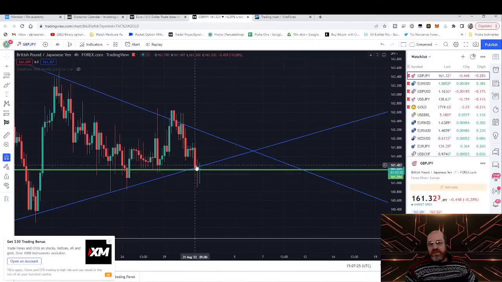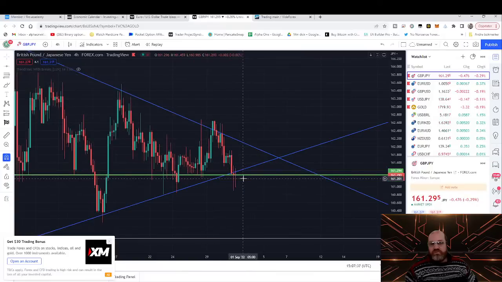Here we basically have two supports: the support of the trend line and the support of this support area. For us to take a short trade right now, this bar needs to close below this support line you see here. Then we can take a nice short.